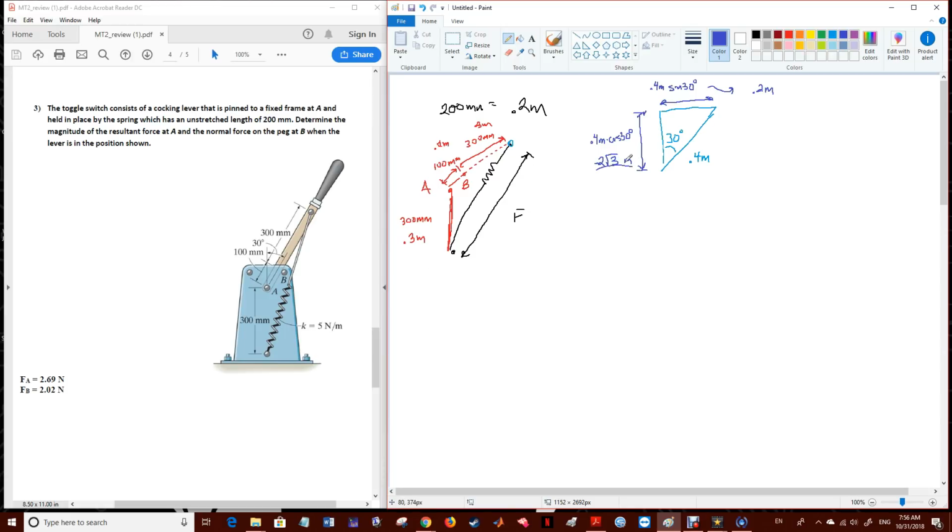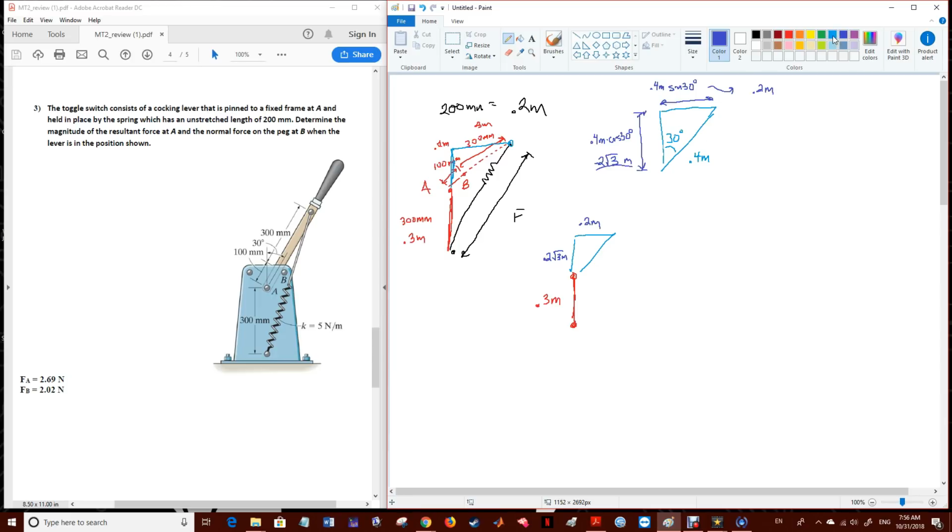So now when we look at the bigger triangle, this light blue triangle that I've drawn consists of this triangle. Let me redraw that here. This red line will be the extension from point A to one end of the spring. The distances that we have: this is 0.3 meters, this is 0.2√3 meters, and this horizontal side will be 0.2 meters.